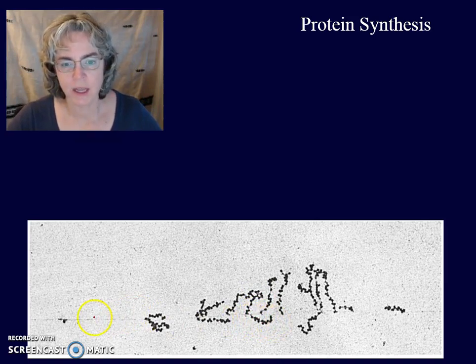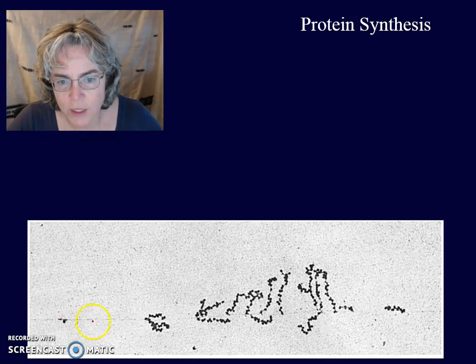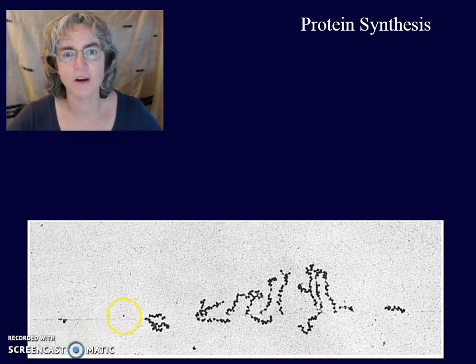This is the DNA molecule, and along the DNA molecule there's RNA polymerase, and it's transcribing the DNA into RNA. And that's what these strands coming off are. Those are the RNA molecules.